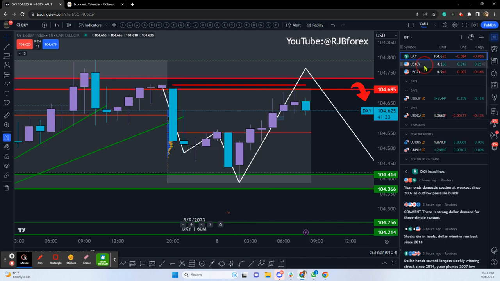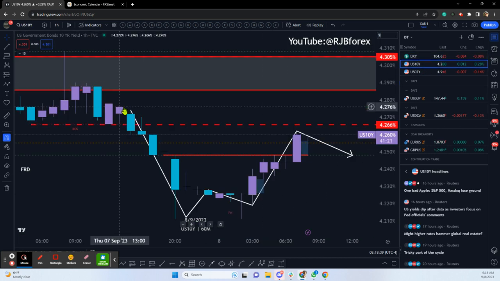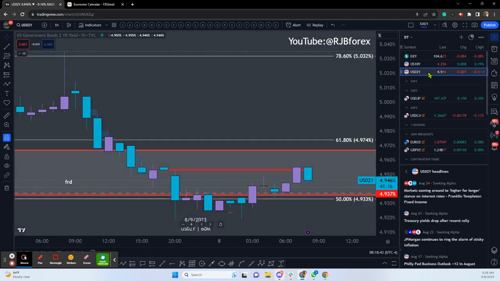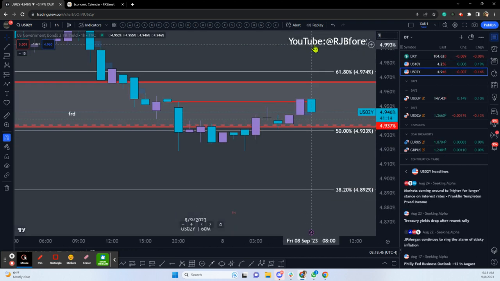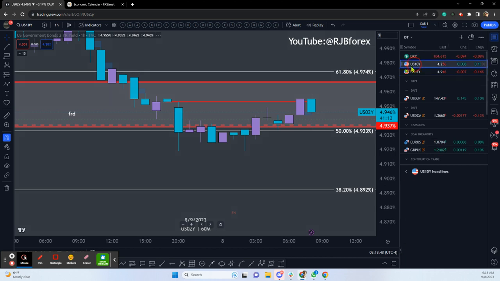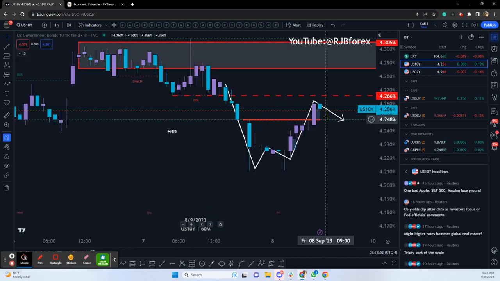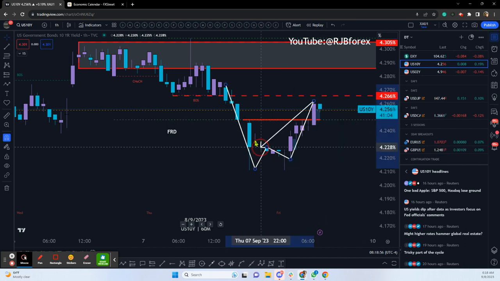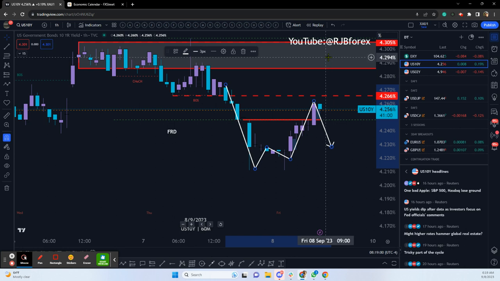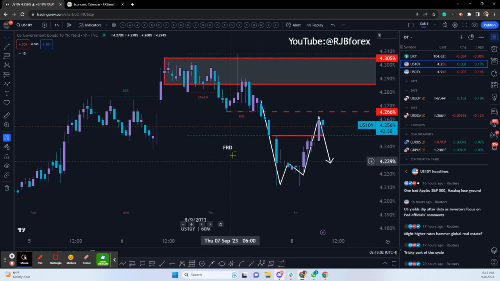We have the same pattern on the 10-year yield, and not quite on the 2-year, but on the 10-year we have that same W formation, same scenario. Displacement move down towards the neckline. Okay.